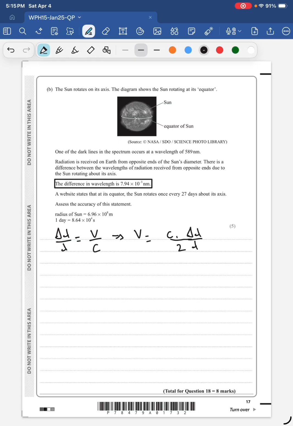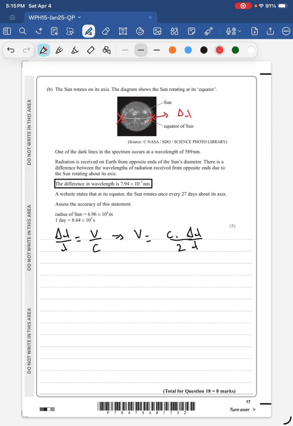One from the one end of the sun, which is going to be a little bit down because that end of the sun is moving away from us, and the other end of the sun, when I say end, I mean the diameter, so these 2 points. So you will have 2 delta lambdas, if that makes sense.